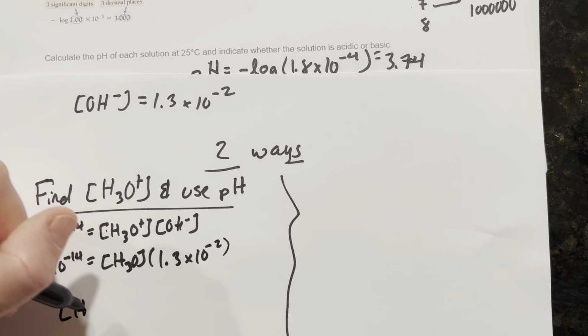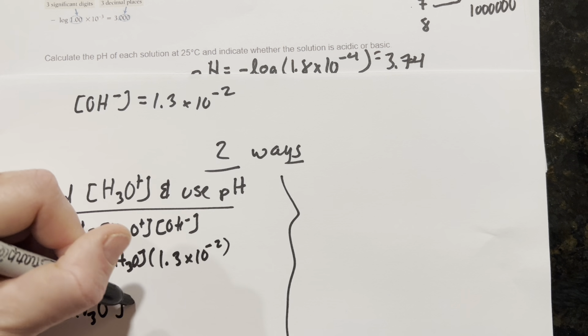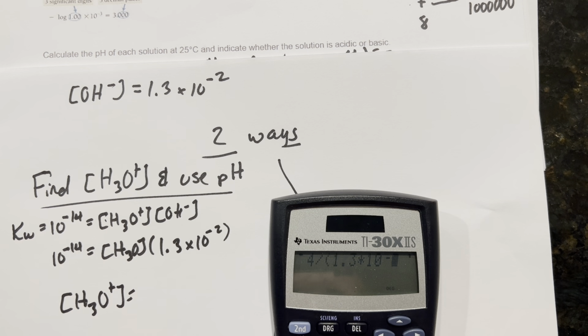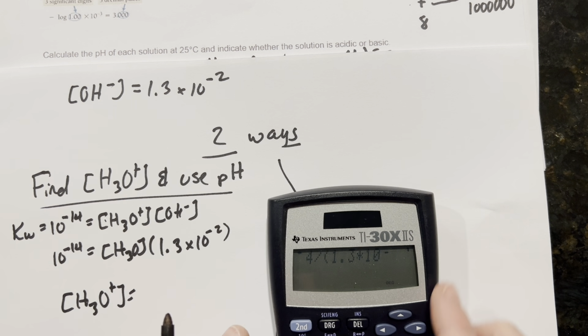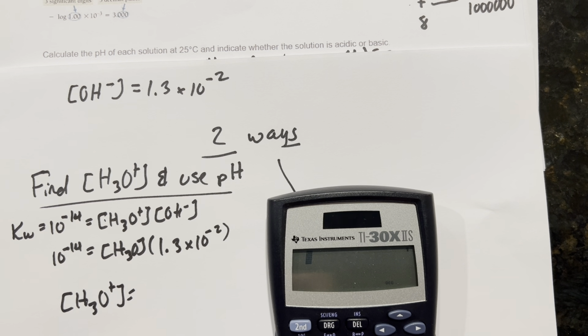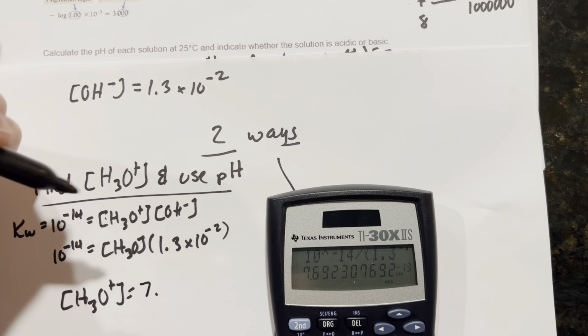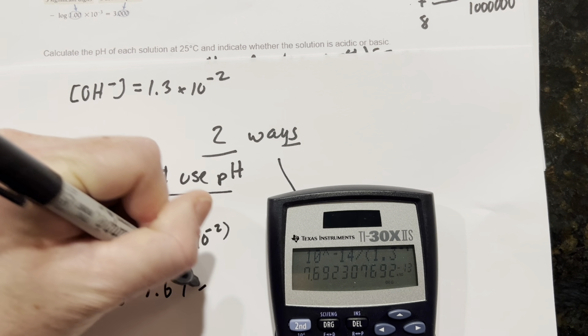And then we find out that H3O plus is equal to 10 to the negative 14 divided by, in parentheses, 1.3 times 10 to the negative 2. I think I screwed up, sorry, I can't see very well. So I'm going to do that one more time. 10 to the negative 14 divided by 1.3 times 10 to the negative 2. And I get 7.69 times 10 to the negative 13.